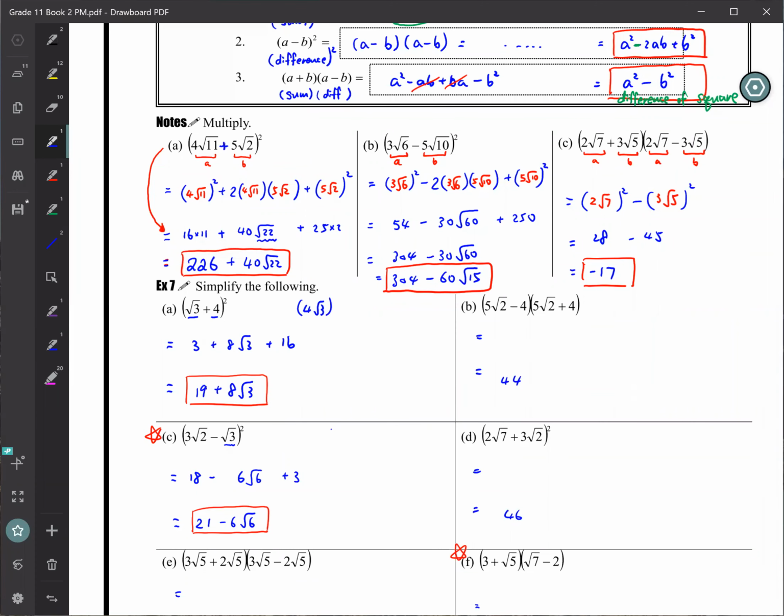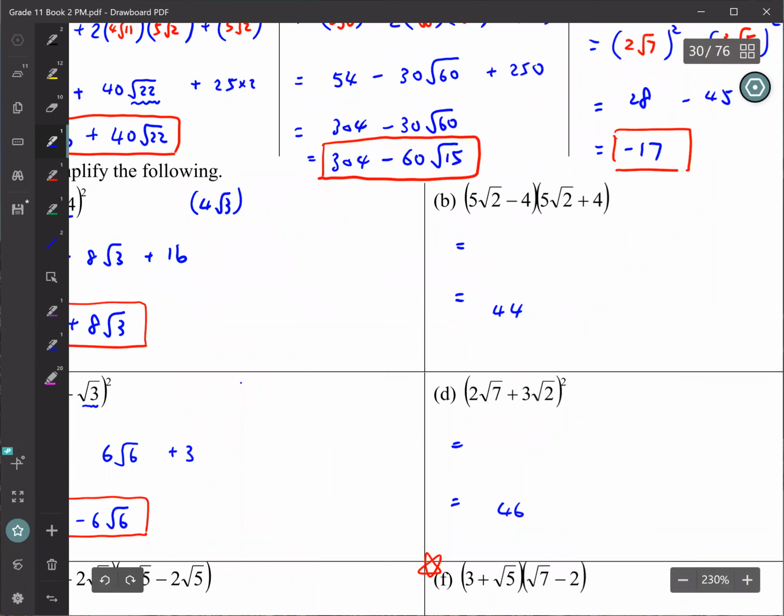Yes, okay, so what is our A? Which one is... the 5 root 2 minus 4. Only the 5 root 2 is the A. Oh, okay. Then what's the B? The B is 5 root 2.